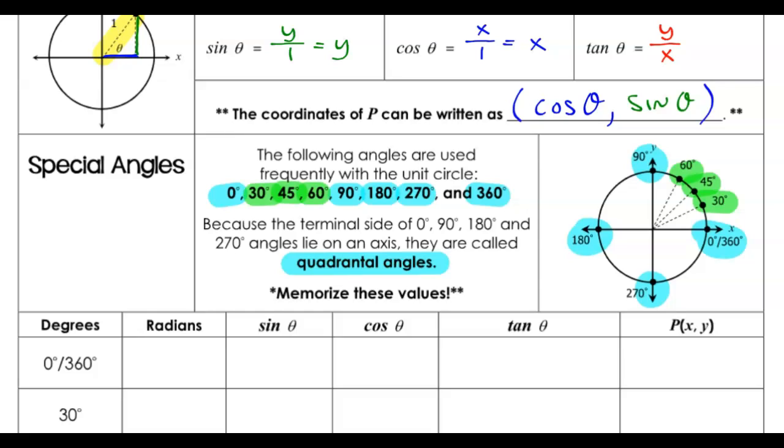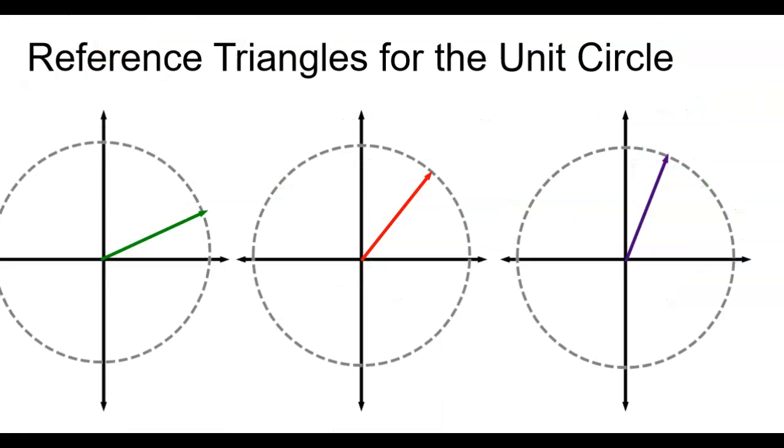What you're going to notice is that the reason 30, 45, and 60 are selected is because they correspond to those special right triangle relationships that we talked about earlier. So if we look at these reference triangles, let's talk about what that would look like.